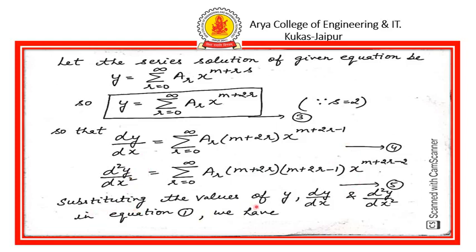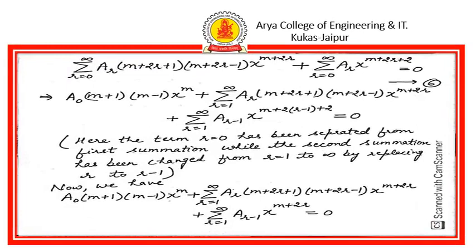Now substituting the values of y, dy by dx and d2y by dx square in equation 1, we get equation number 6. Equation number 6 can also be obtained by the shortcut method from equation number 2, in which we have calculated the value of s.